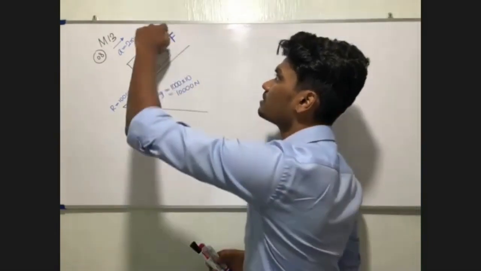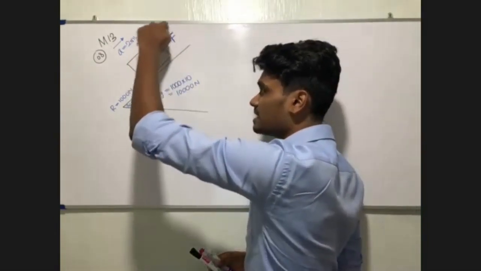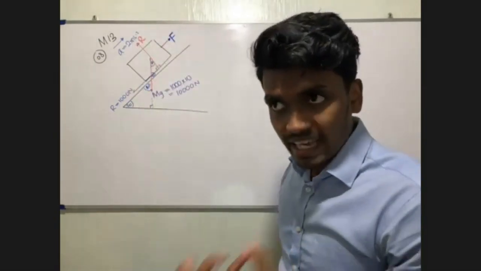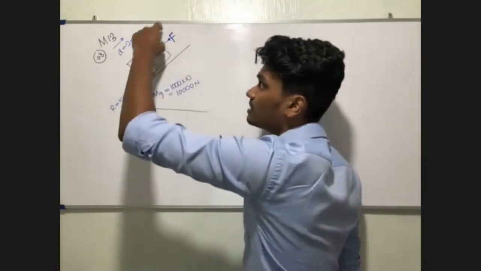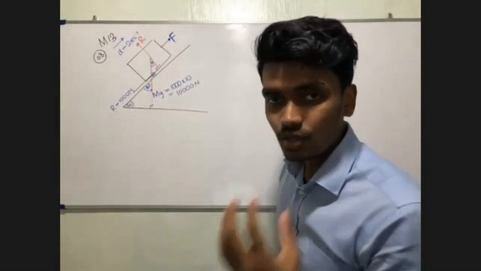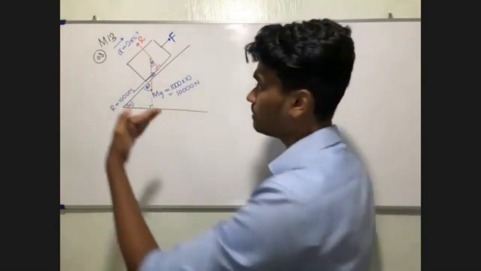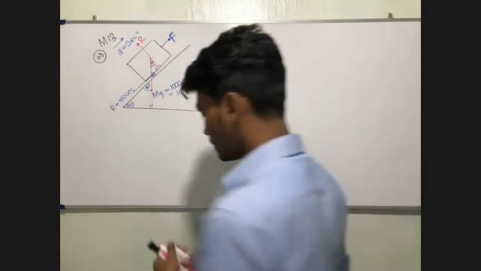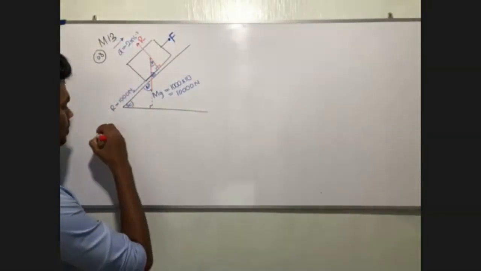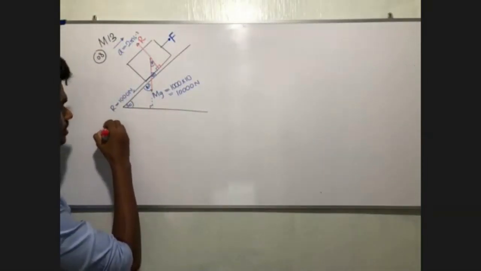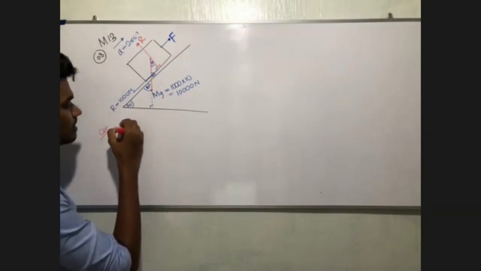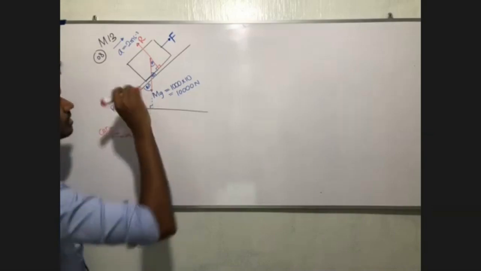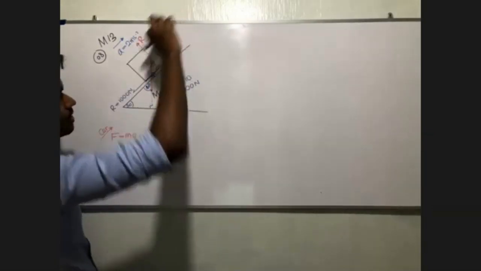Now, this mg force is acting vertically downward. In order to find the force exerted by the engine, I need to apply F equals ma along the plane, for the car.